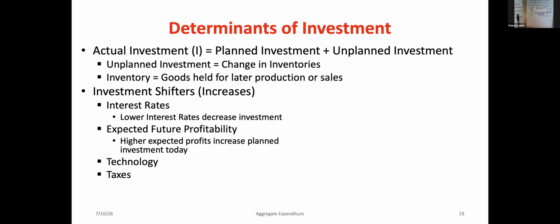So we have business taxes. An increase in taxes on businesses means they expect their profits to go down, which means they'll make fewer investments today. On the flip side, if I had lower taxes, or I expect lower taxes in the future, I now have more money to invest, so I would see increases in planned investment. So we've got shifters of consumption, shifters of investment.